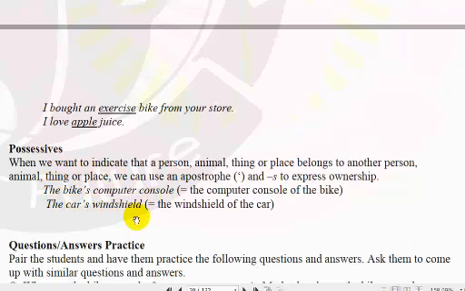The car's windshield: the windshield belongs to the car. To show possession, we use a noun plus apostrophe s to express ownership.